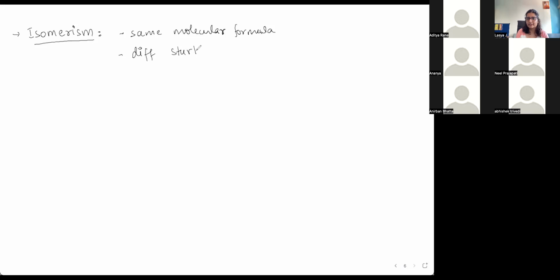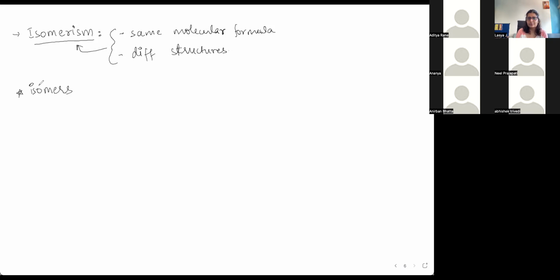You can call them different structures or different structural formulas. Both mean the same thing. This is what isomerism is, and each of these different compounds formed from different structures are called isomers.